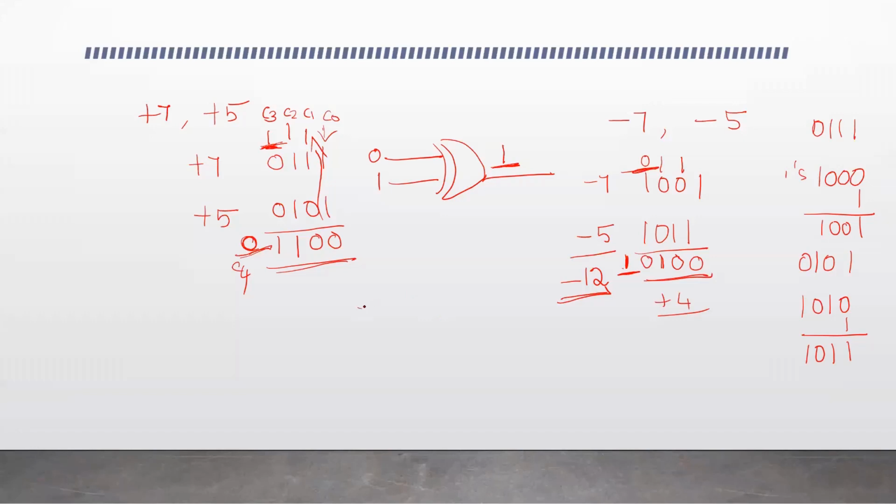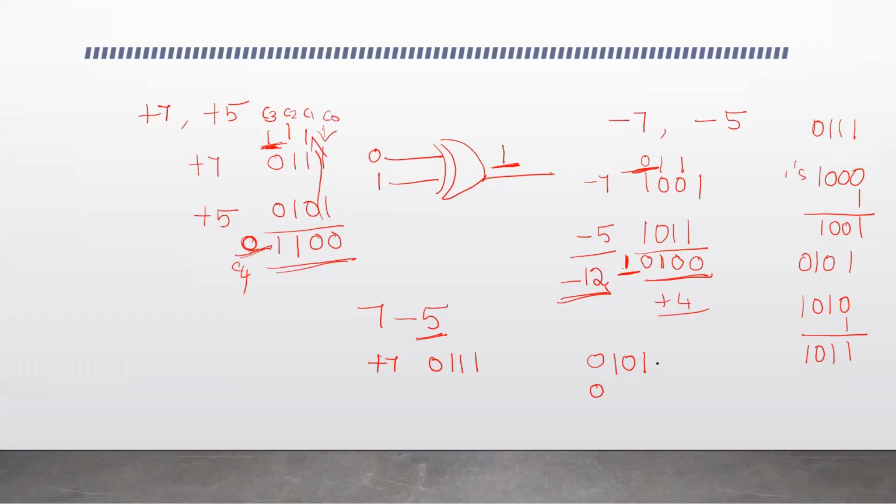Let's take some other numbers where there will not be overflow. 7 minus 5. Let's subtract these two numbers. To subtract, what do we do? First take the first number. Plus 7 is 0, 1, 1, 1. And 5 is 0, 1, 0, 1. But as it is subtraction, 5 needs to be complemented, 2's complemented.